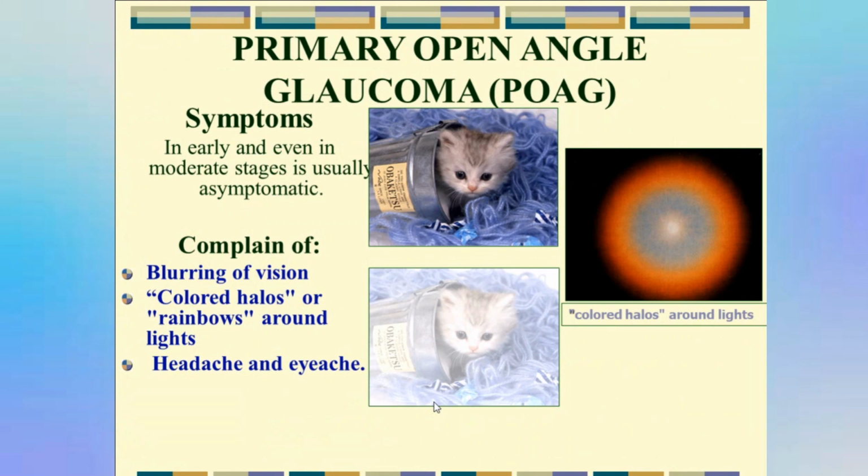As for the symptoms of primary open-angle glaucoma, in early stages usually there are no symptoms. Maybe the patient has a slight headache, blurring of vision or colored halos, but it's not a severe situation.